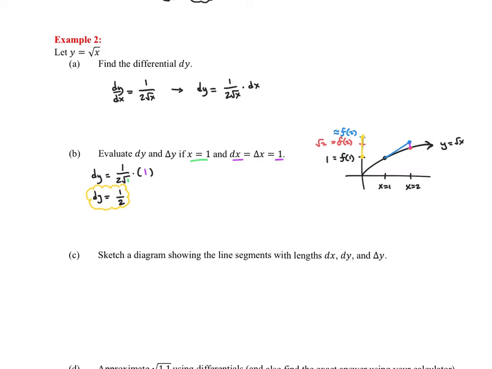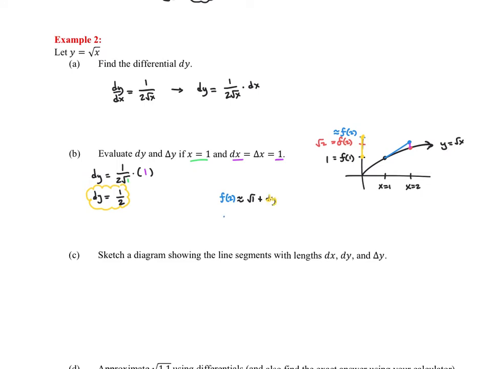Okay, so what that would mean is if I was trying to find an approximate value for f of 2, f of 2 would approximately be equal to f of 1, which was square root of 1, plus dy. And dy is in yellow here.